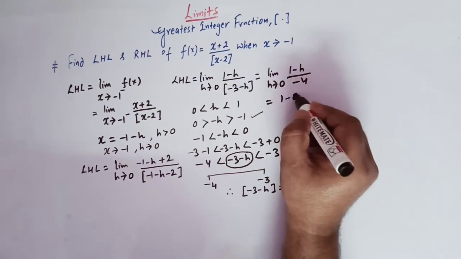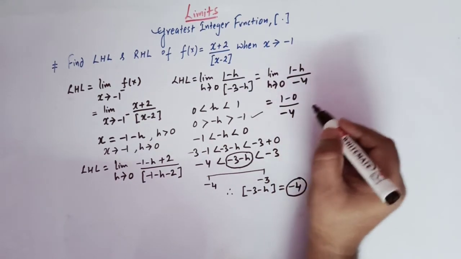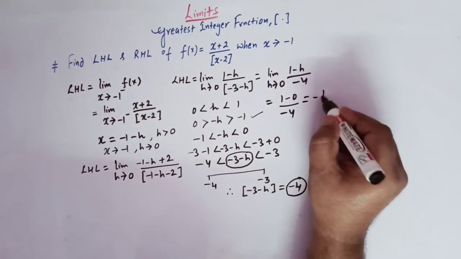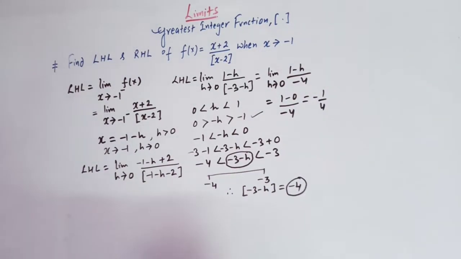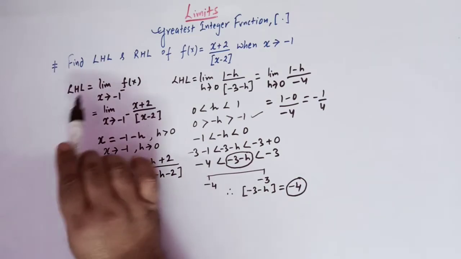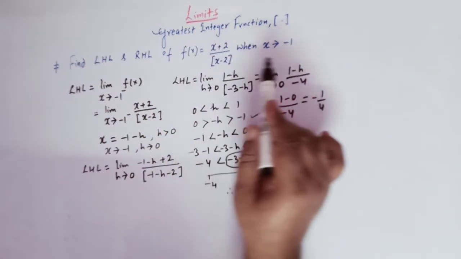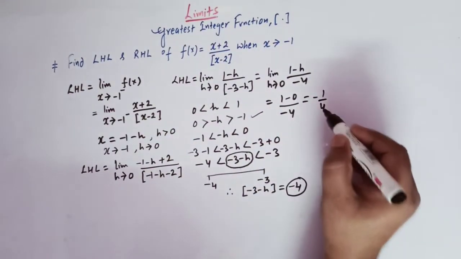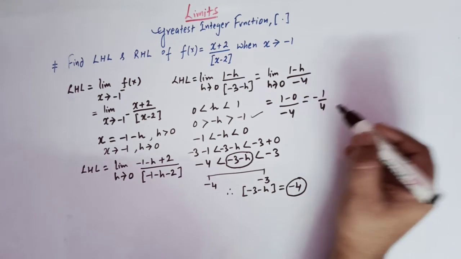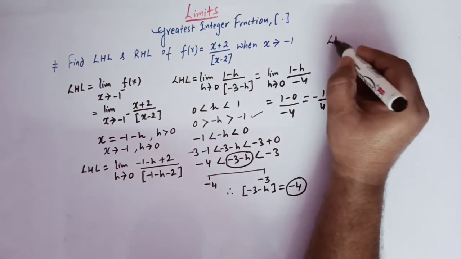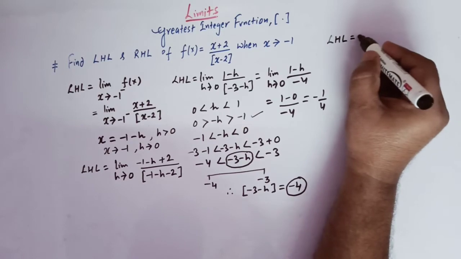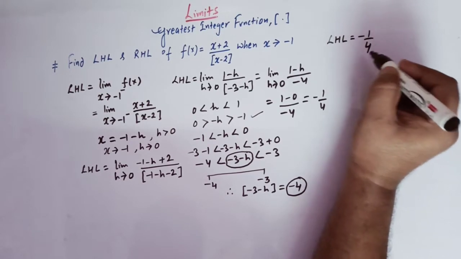So we'll have 1 minus 0 over minus 4, that is minus 1 over 4, right? So the left hand limit of this function when x tends to minus 1 is minus 1 over 4.